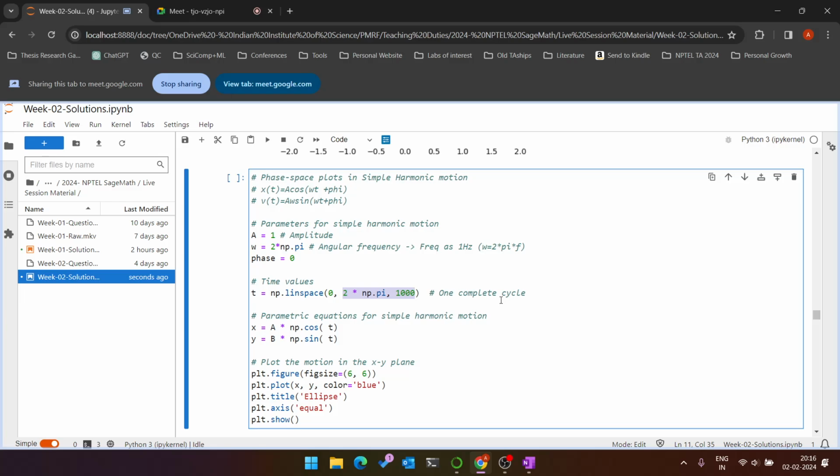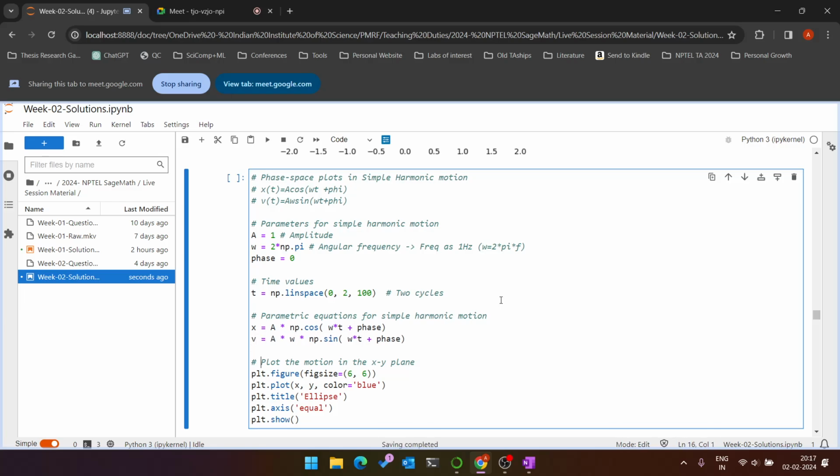So I'll plot the particle motion for 2 cycles, and then I'll plot what my parametric equations say: a cos of omega t plus phi, and a omega times sin of omega t plus phi. So this becomes my velocity v.